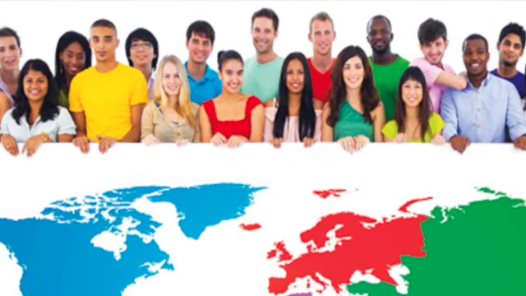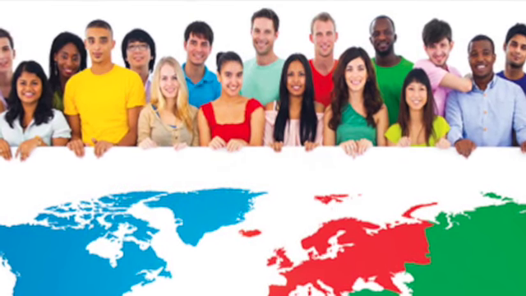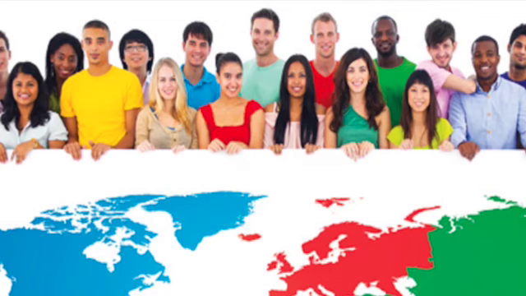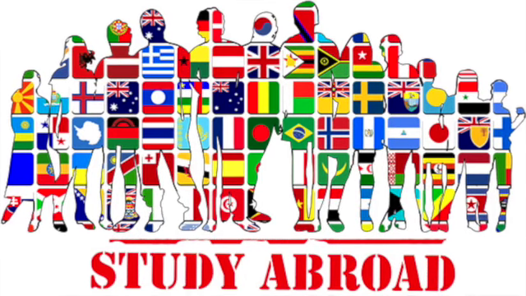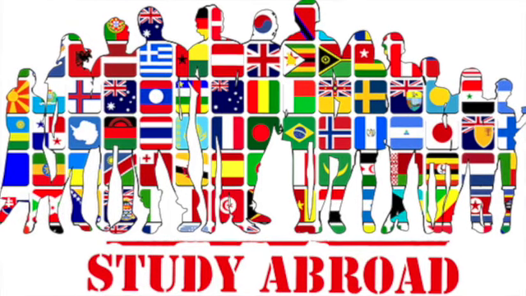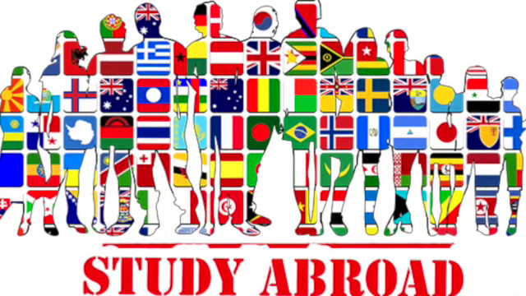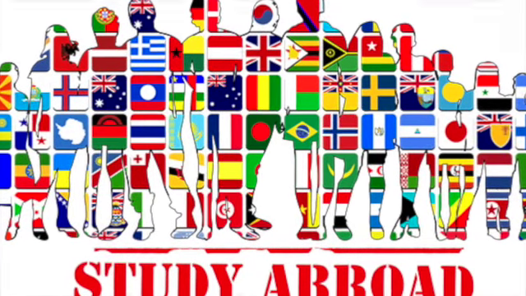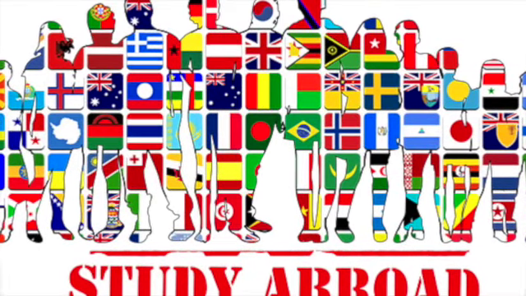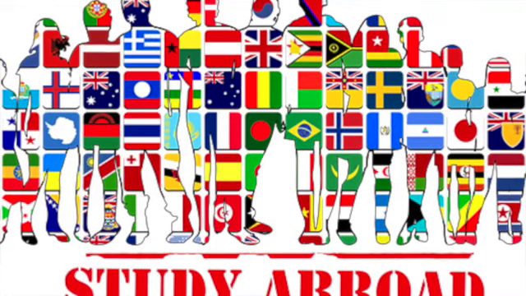The application process depends on a few different things. If you're applying as an undergraduate student or a postgraduate student, or you're applying for a research degree, which is a PhD, the application process varies. Another thing to take into consideration is whether you are a domestic student or an international student.